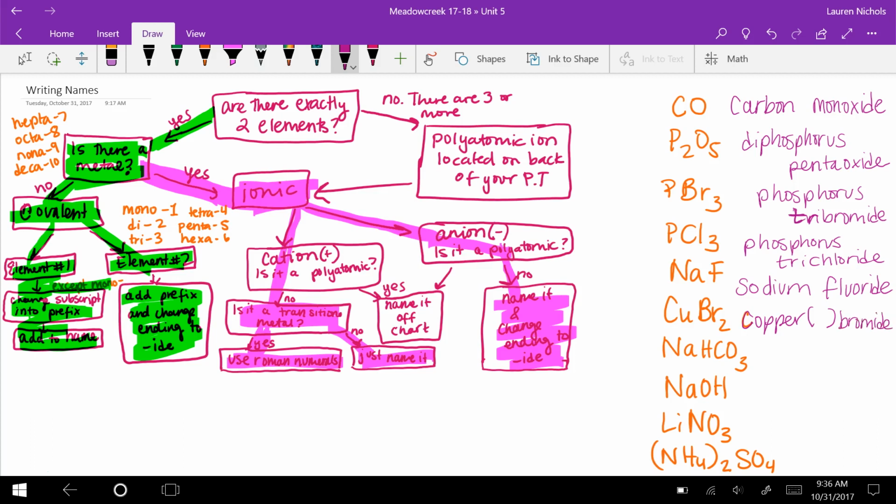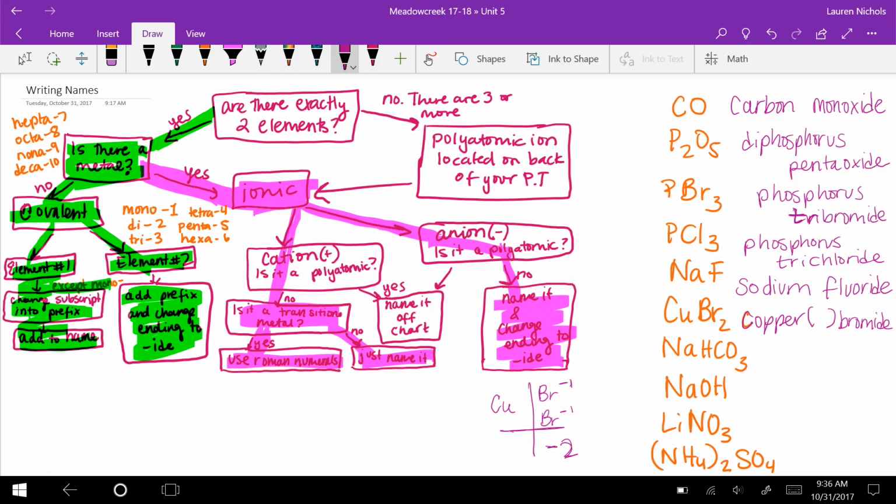And in order to figure out the Roman numerals, I'm going to just create a chart here because we have to look at our positives and our negatives. I have 1 copper and I have 2 bromines. Now, in the oxidation video, we discovered how to figure out the oxidation state, and bromine is in column 17. It will have a -1 charge. That means total this side adds up to -2.